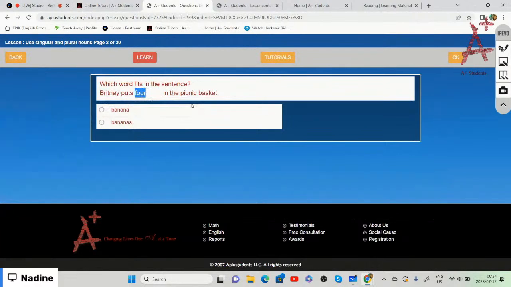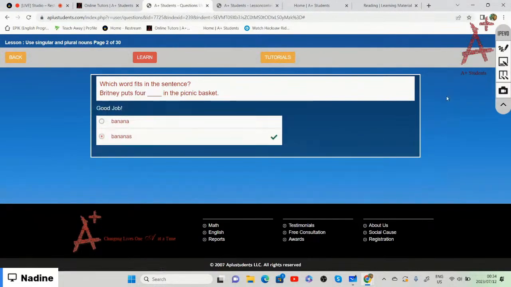Does it tell us that there's only one, or does it tell us that there's more than one? All right, so clearly four tells us that there's more than one, right? So we will go with bananas. So if you have bananas, then well done.